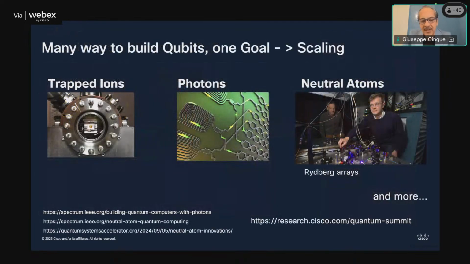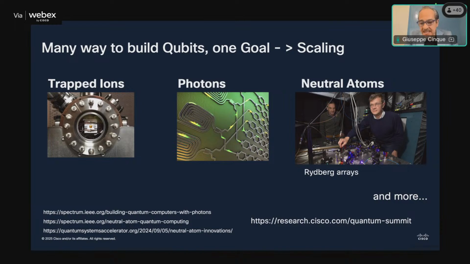But superconductive technologies are not the only technology used for quantum bits. There are many different ways to create quantum bits. There are systems that use trapped ions in an electrical trap, for example. Or we can use photons that, of course, manifest quantum phenomena.